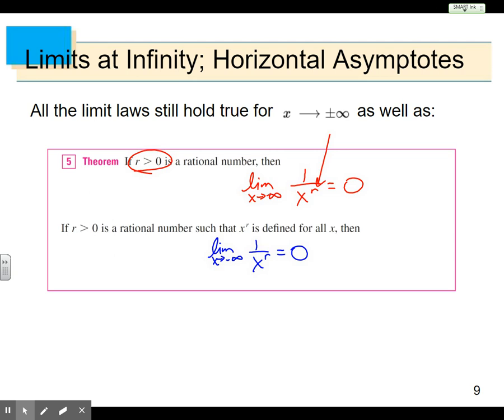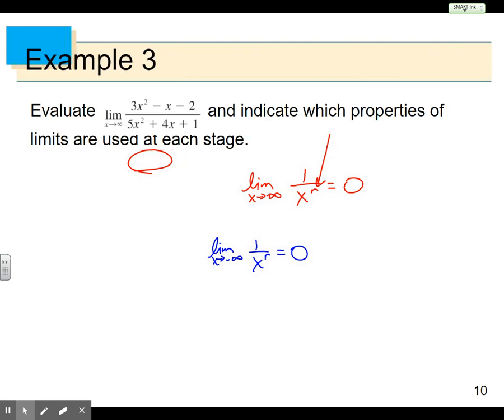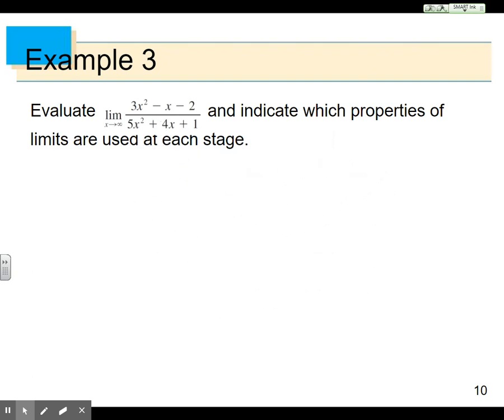How is that going to help me with the tougher one? Well, let's look at a tougher one. Now, the direct substitution and continuity rules still apply here, but if x is approaching infinity, it's really hard to get our hands on what's going on out there. Just imagine plugging in infinity to this. We're going to get something really large on top, and something really large on the bottom.